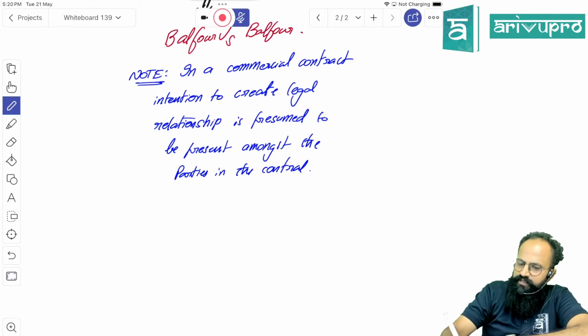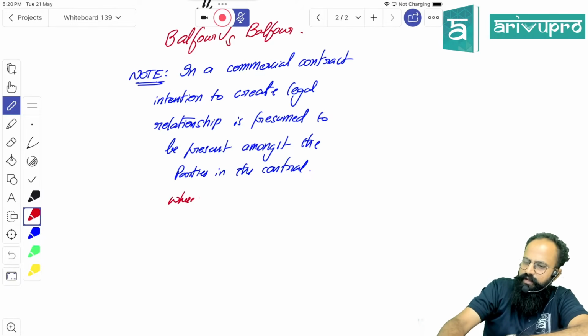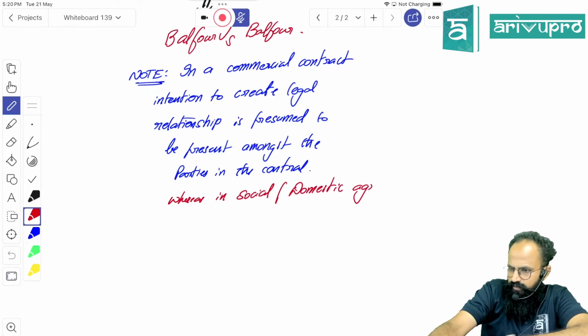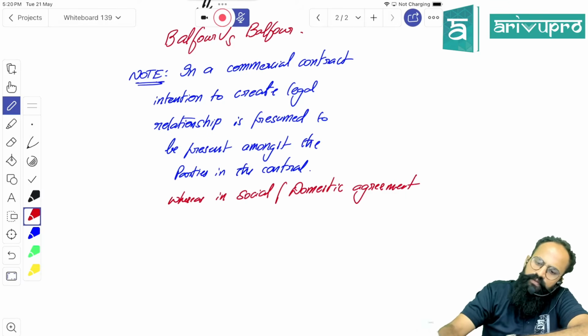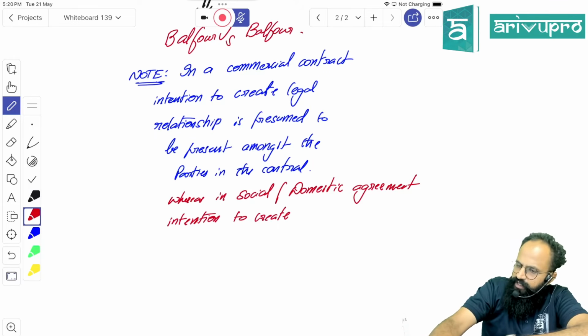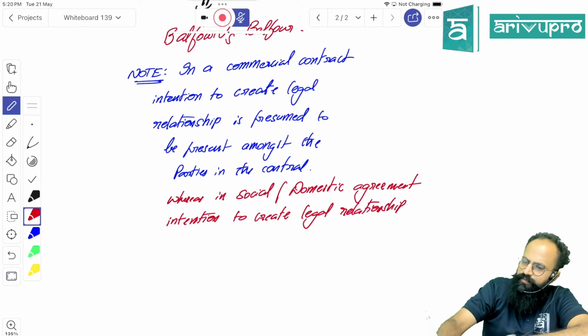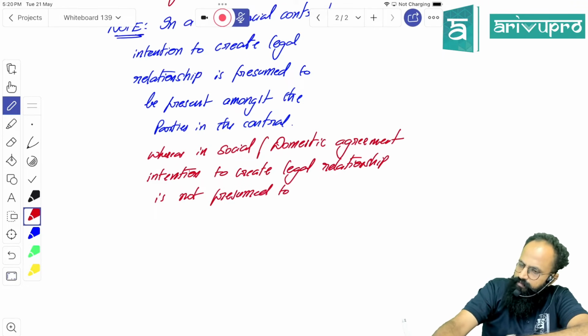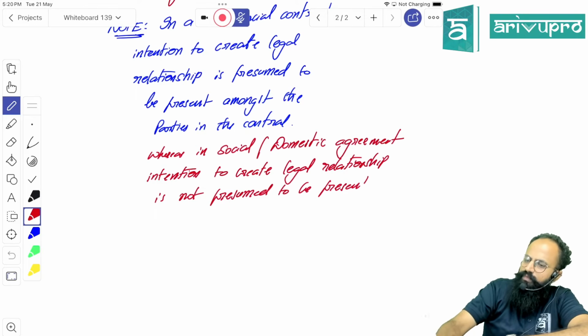Whereas in social or domestic agreements, intention to create legal relationship is not present, or you can write, is not presumed to be present in the contract.